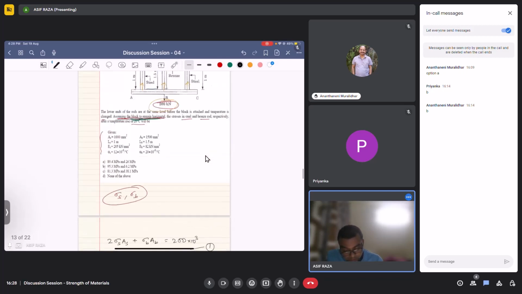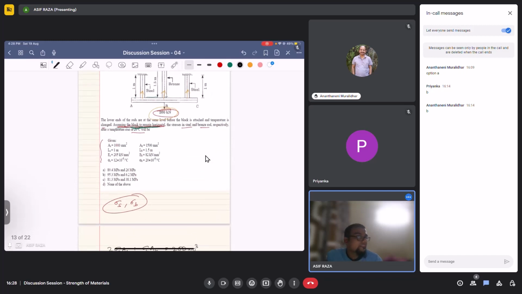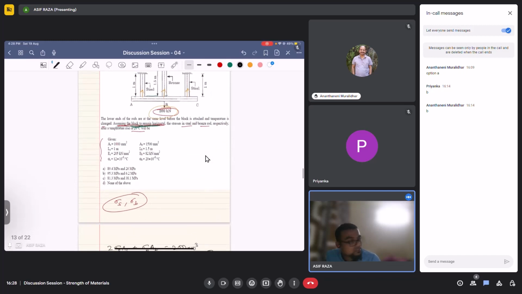Another equation we need to see: due to this stress there would be extension, and due to temperature there would again be some extension.